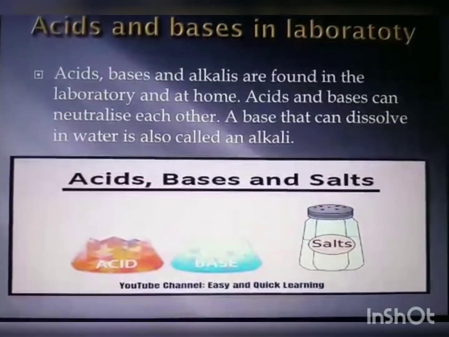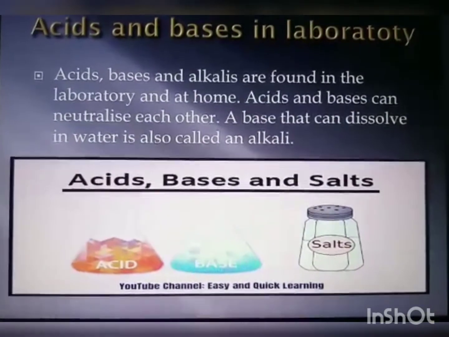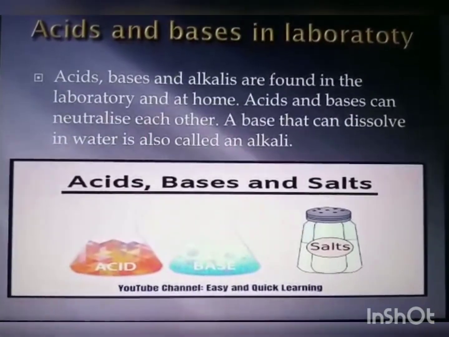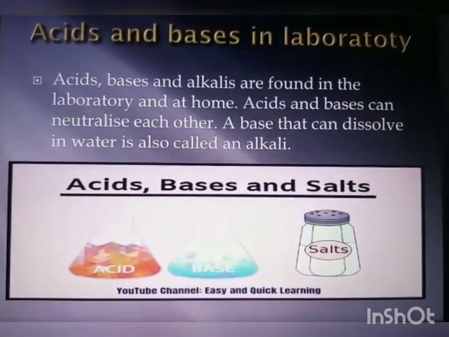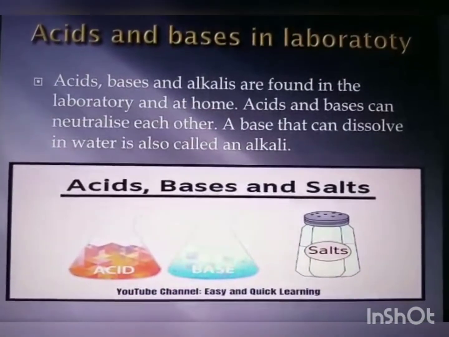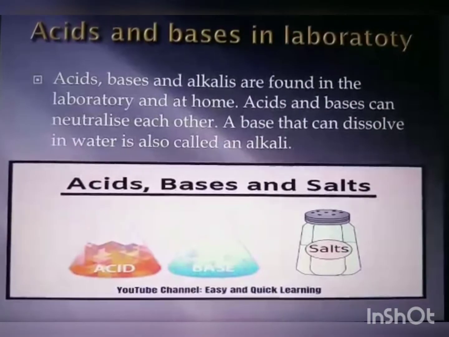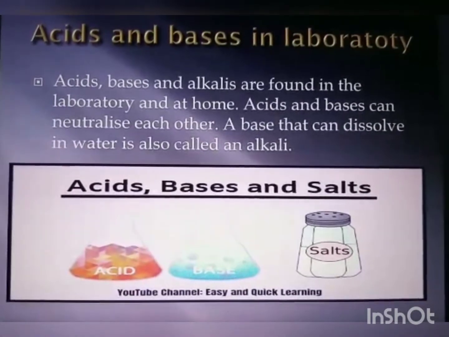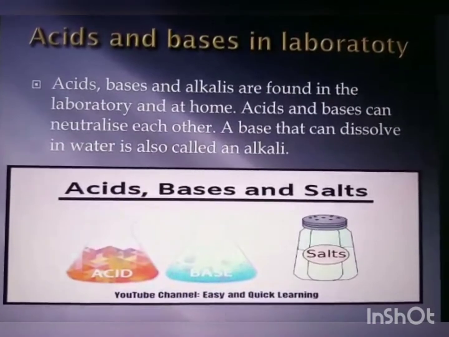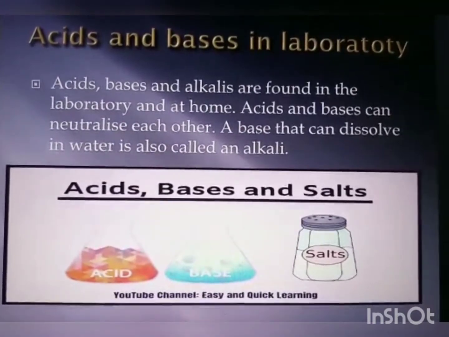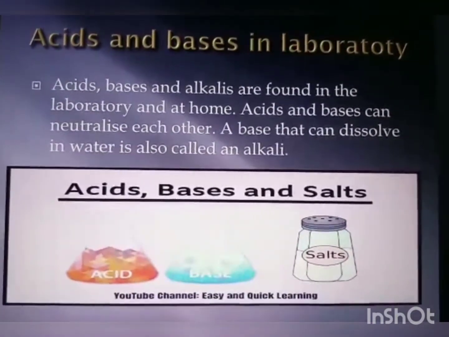By neutralization reaction between acid and base, salt and water are produced. This type of definition is called operational definition because it is based on its properties. This definition is also called old definition.